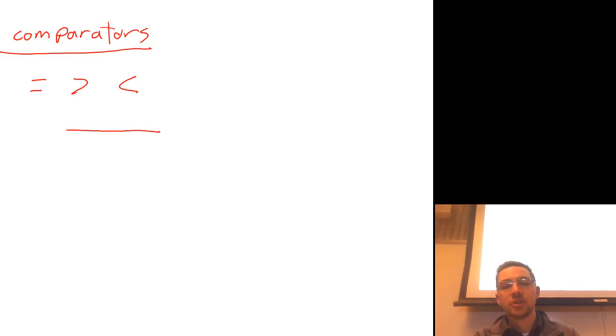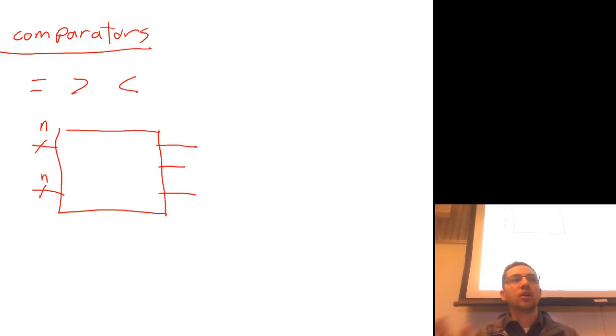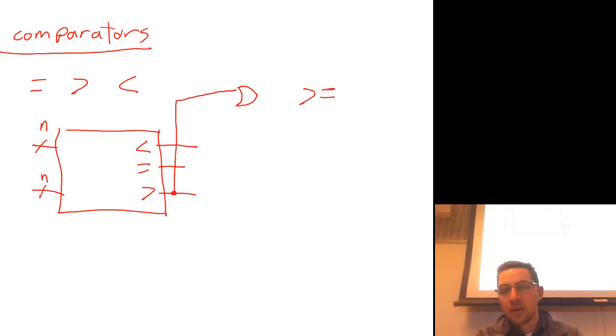So if I were to, in a general form, and this is something that you can look up in your book, so I'm not going to spend a lot of time on this, 2 n-bit numbers, a full comparator, which we never built in class, would have things like a less than output, an equal output, and a greater than output. If you wanted to augment this with a greater than or equal output, you just OR greater than or equal to, and there's your greater than or equal to output.